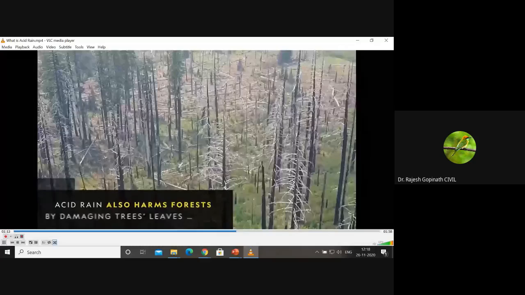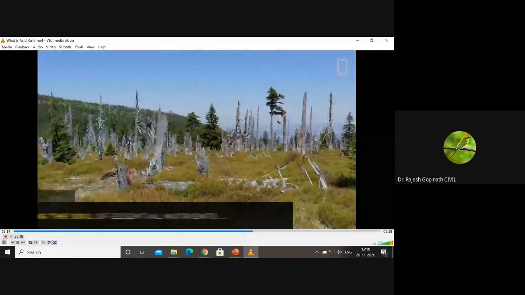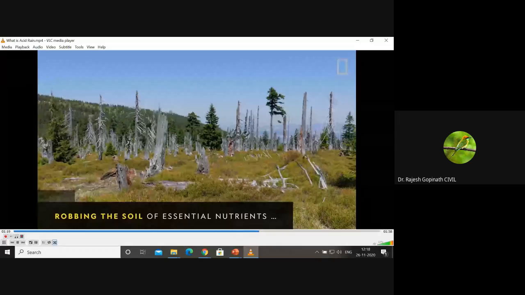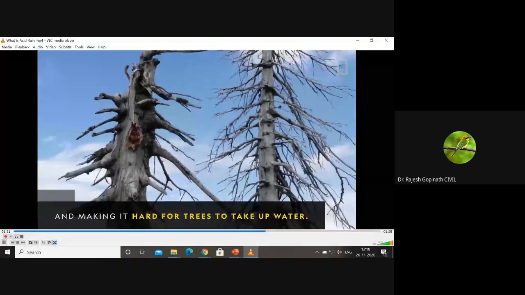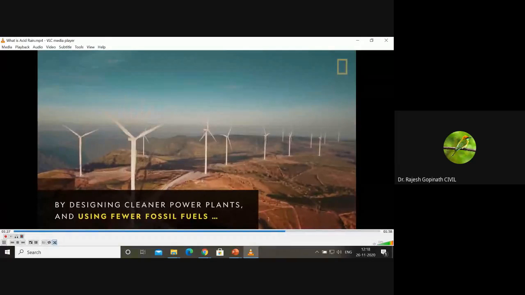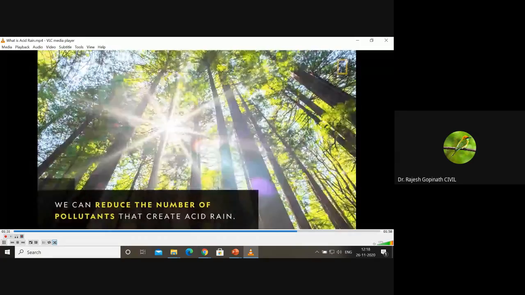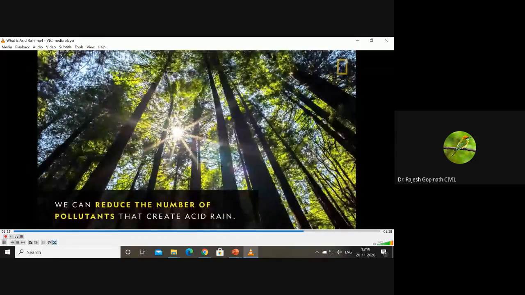Acid rain also harms forests by damaging trees and leaves, robbing the soil of essential nutrients, and making it hard for trees to take up water. By designing cleaner power plants and using fewer fossil fuels, we can reduce the number of pollutants that create acid rain.